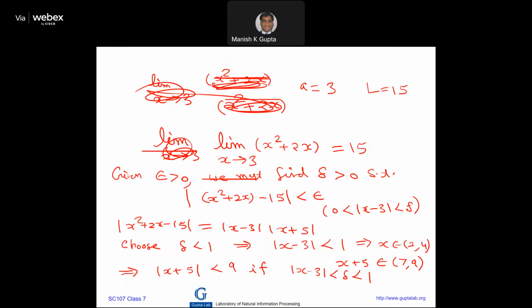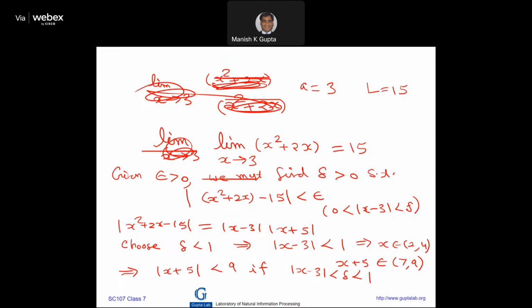Do you agree with this statement? I have to estimate mod of x plus 5. So mod of x plus 5 is less than 9 if mod of x minus 3 is less than delta, and I have taken delta less than 1. If this condition holds, then mod of x plus 5 is less than 9.